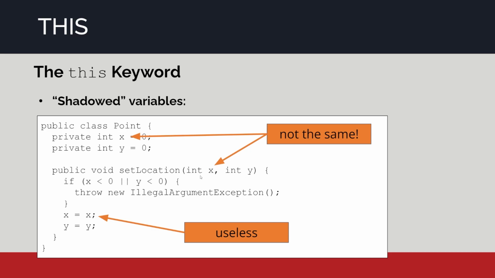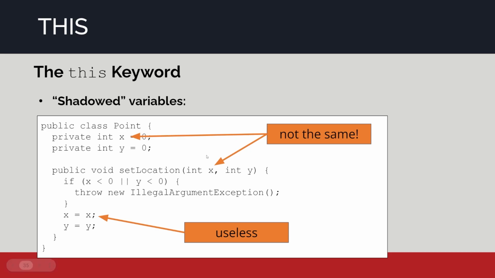If they have the same name, and this is valid Java code that will compile and run, then they will actually hide the internal fields. So in this case, skipping over this chain, we've already explained this, we're just trying to keep our x and y positive. If I want to write to x, well, the name of the thing that I'm trying to write to is also x.